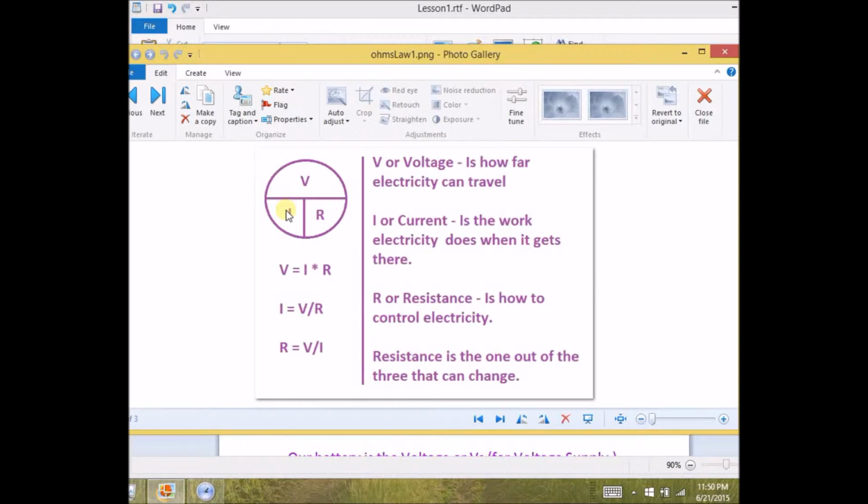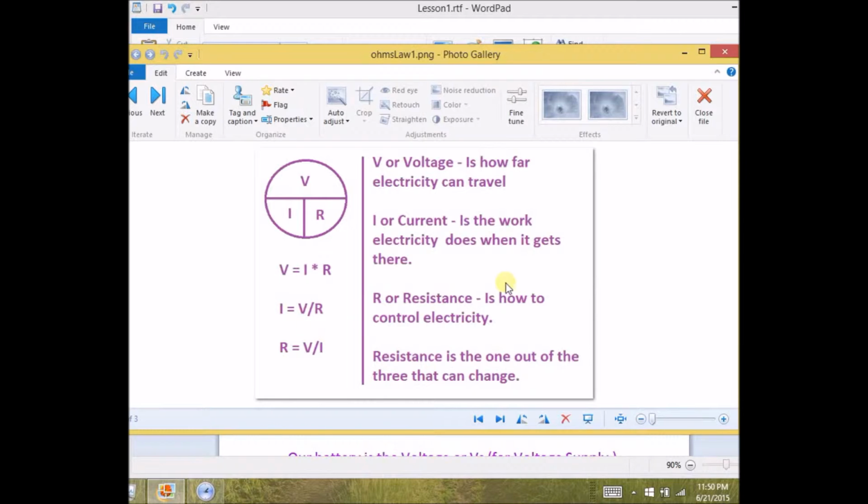And if you put your finger over the voltage, you will know that you need to multiply your current with your resistance to get your voltage. That's what I like about this diagram. It gives you a way to go no matter which type of issue you find yourself in.